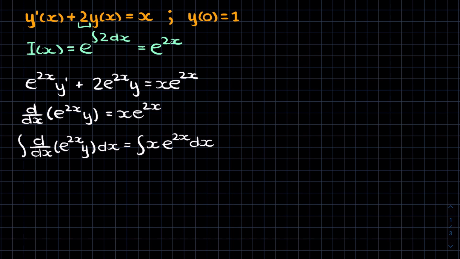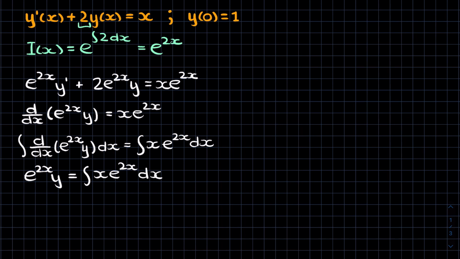You'll see on the left hand side the derivative and the integral are going to cancel each other out. So we're going to just be left with our integrating factor multiplied by y. And that's always the case. So I often skip the previous few steps and just go straight to the integrating factor multiplied by y equals our integral of x e to the 2x dx.